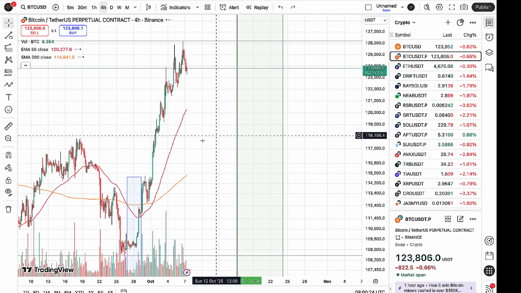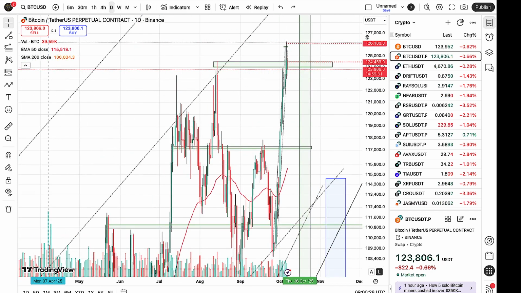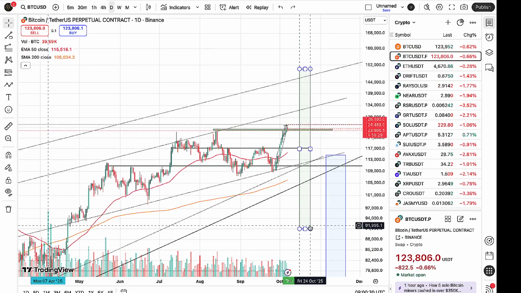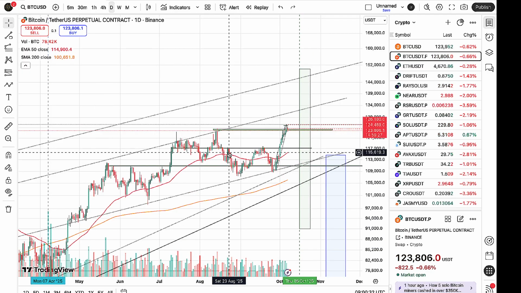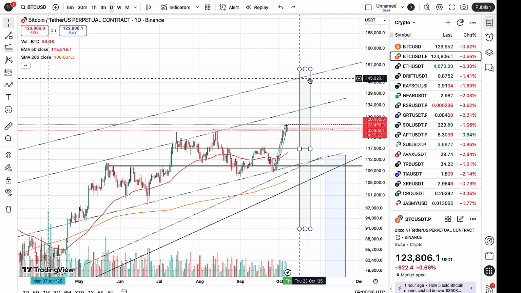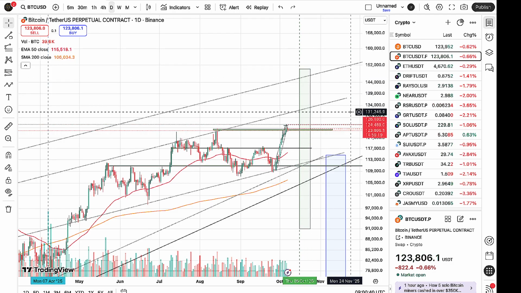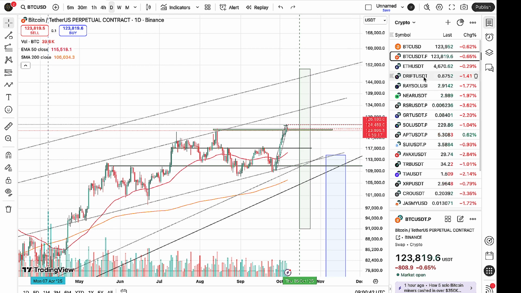Now, it's worth mentioning that with all these crypto cycles and bull runs, what usually happens is you'll get a nice big move with Bitcoin. That will start topping out. When it tops out, money then flows from Bitcoin into the altcoins. And therefore, that's when Drift, Radium, Near, whatever you want, XRP, all of these alts will start kicking off and they tend to go up very, very quickly.